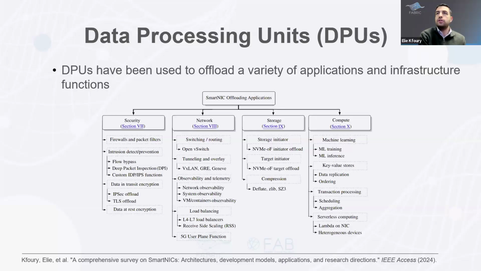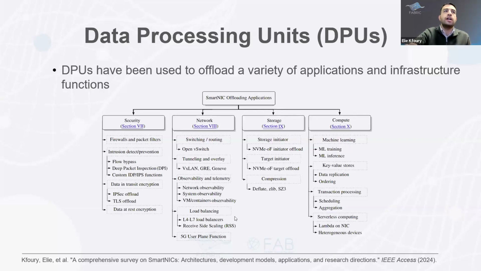A lot of the encryption for TLS and IPsec stacks are being accelerated, as well as other asymmetric cryptography operations. For networking, tunneling, switching, telemetry, load balancing, also 5G user plane functions, there is some work on that.